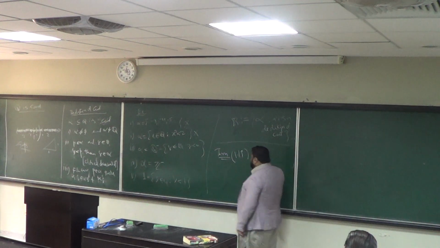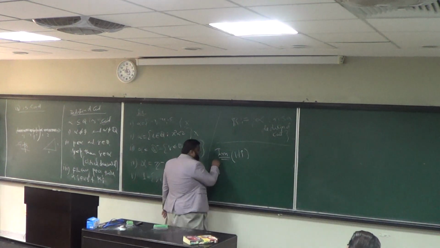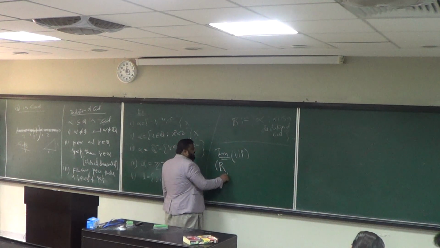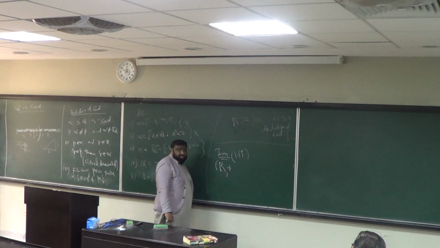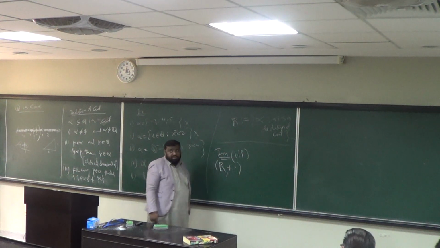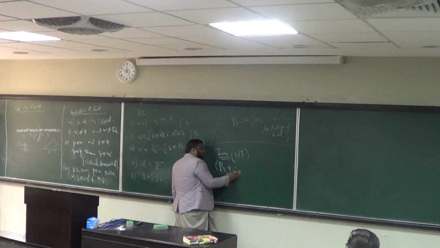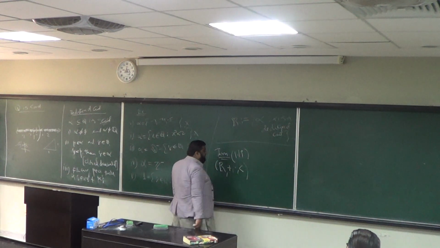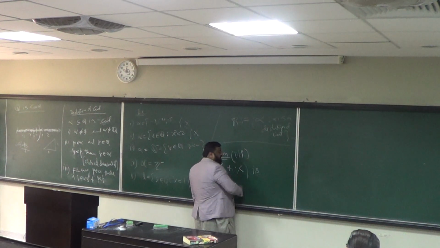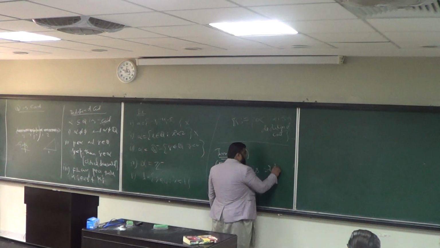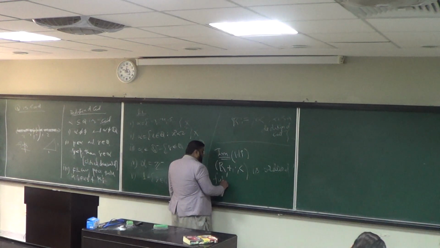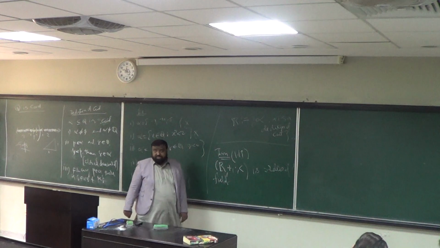What we are going to do next is define a notion of addition and multiplication on this R. Obviously we'll also define a notion of order, and we are going to show that this set with these operations is an ordered field, so it satisfies the field properties.